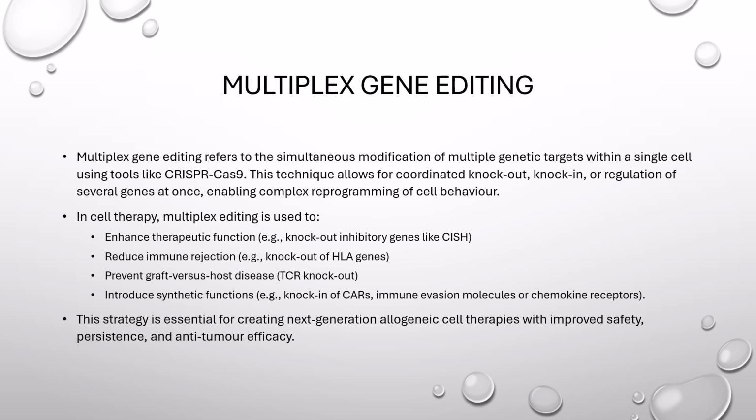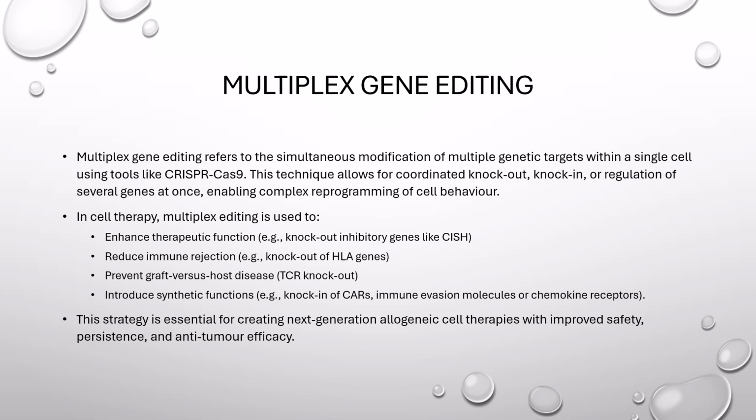That means knocking out your HLA genes, the genes that can cause rejection of your product, especially if it is an off-the-shelf product, and you want to prevent graft versus host disease. So you would knock out your native endogenous TCRs, T cell receptors.